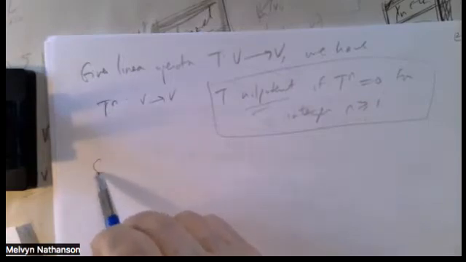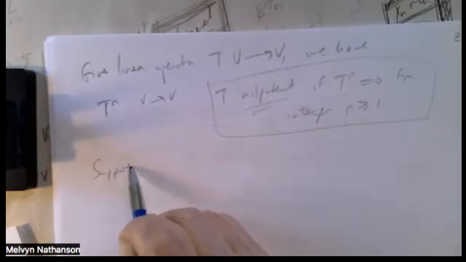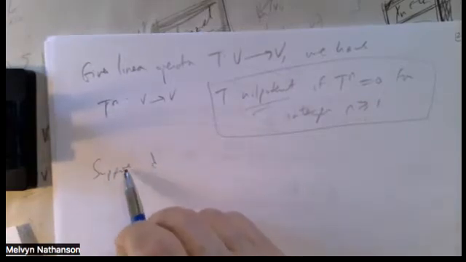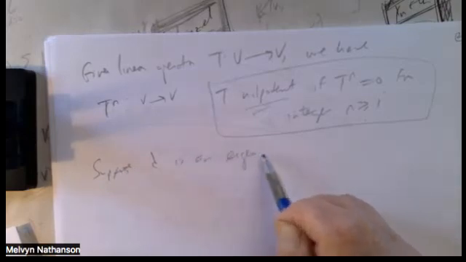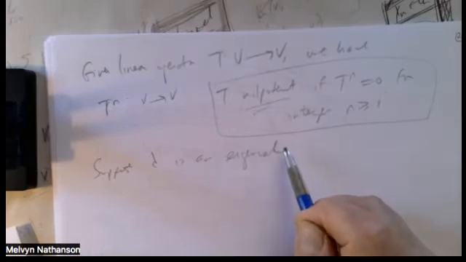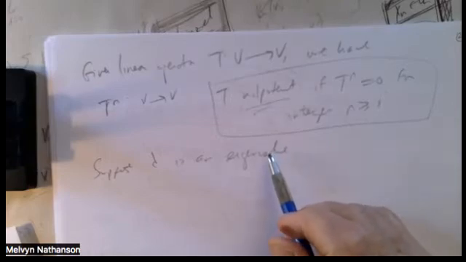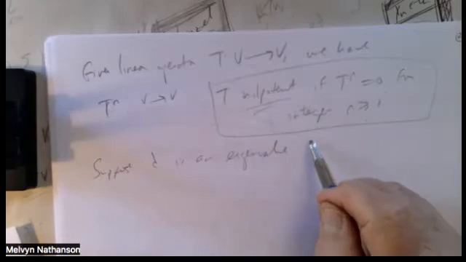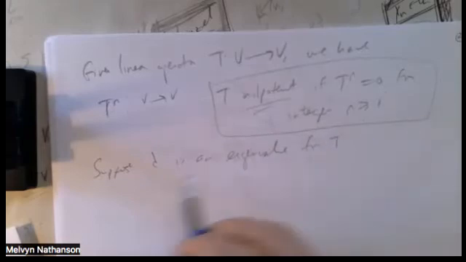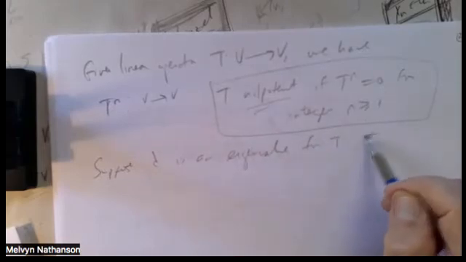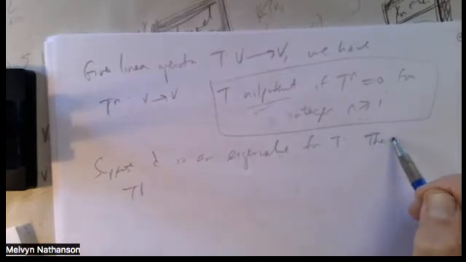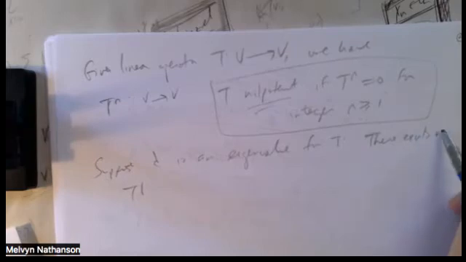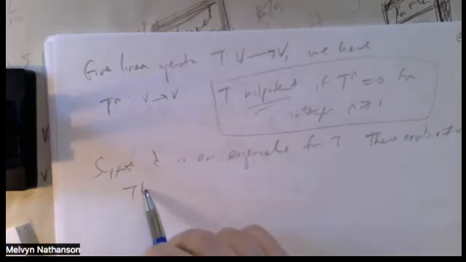So suppose lambda is an eigenvalue for T. That means that there exists a non-zero vector v such that T of v is lambda v.